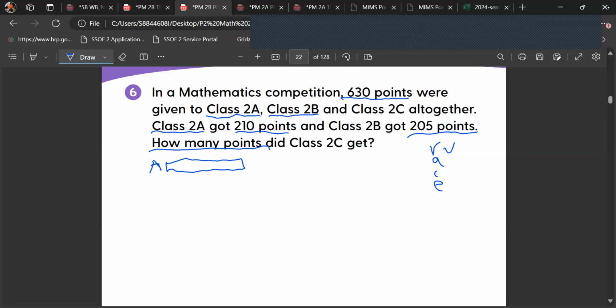So underline here. It's not a comparison question. But then there are 2 questions. It says how many points did class 2C get? So it's a minus one. Let's go step by step. Don't rush your steps. You are confusing your friends. Just now you said all together. How come you never circle this part?